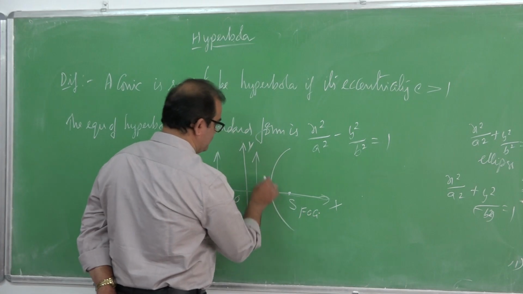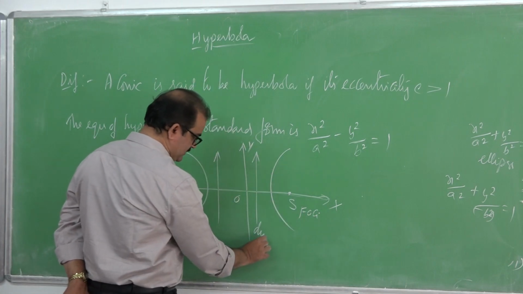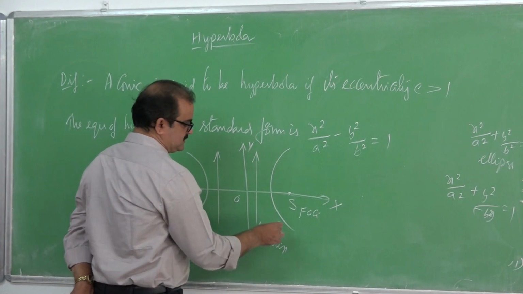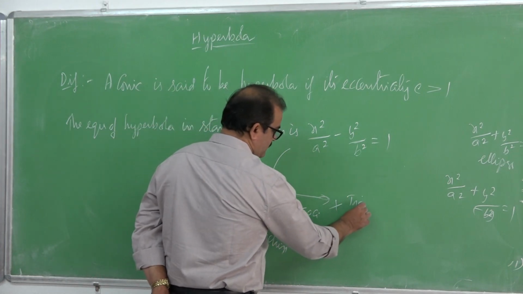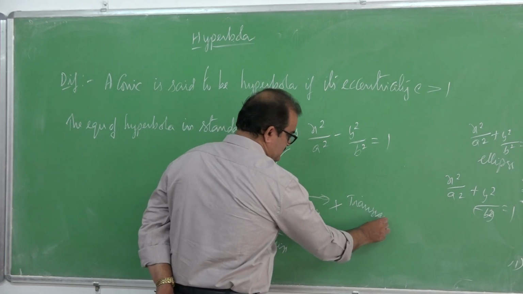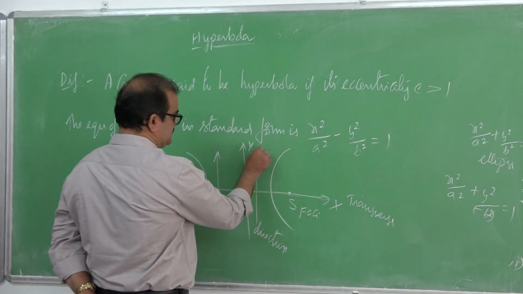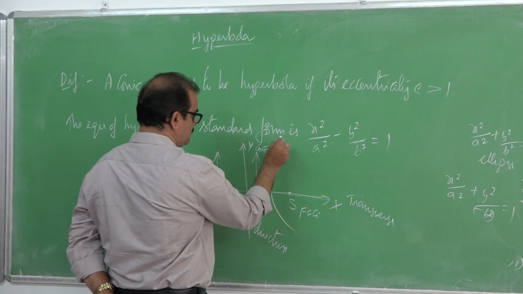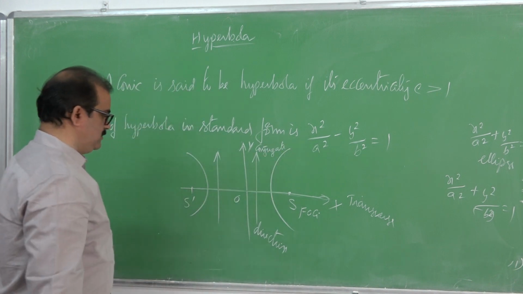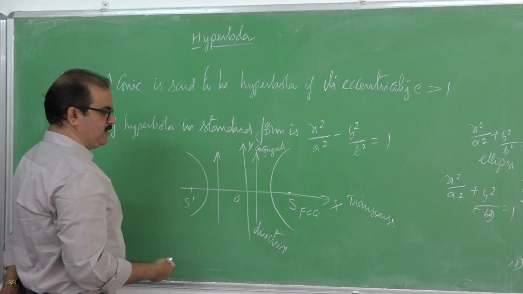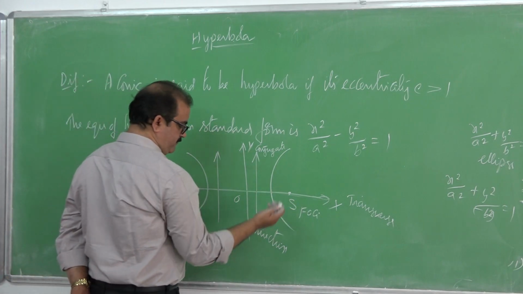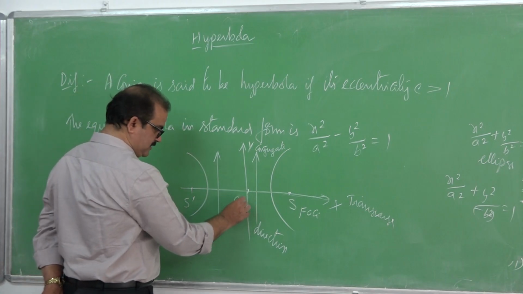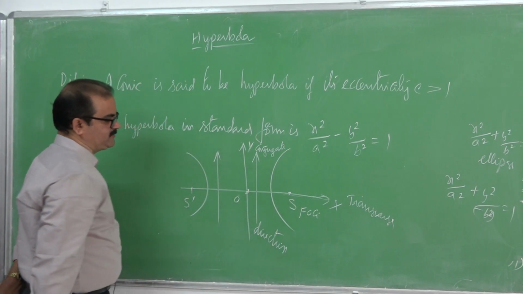These are foci and this line is directrix. X-axis is transverse axis, y-axis is conjugate axis. Now we discuss the formulas, how to find foci, how to find directrix, and moreover this origin is the center of the hyperbola.